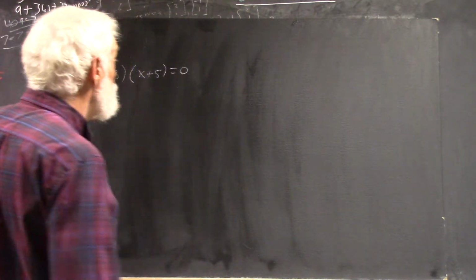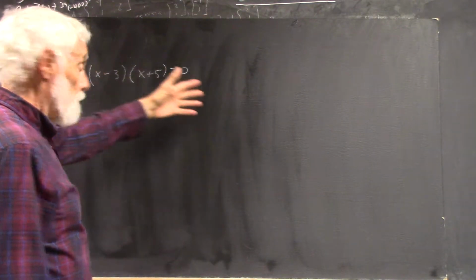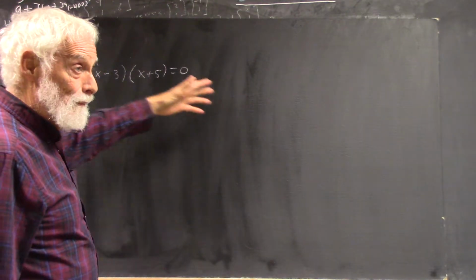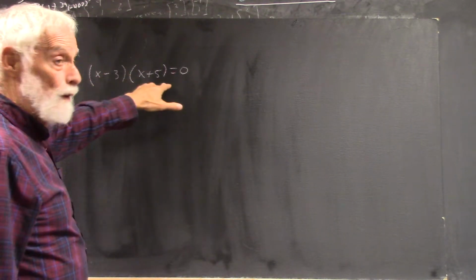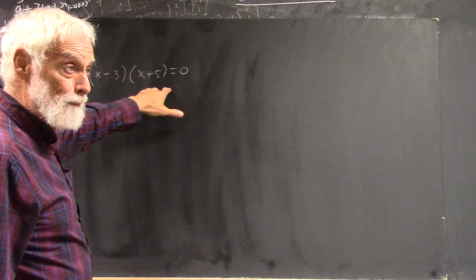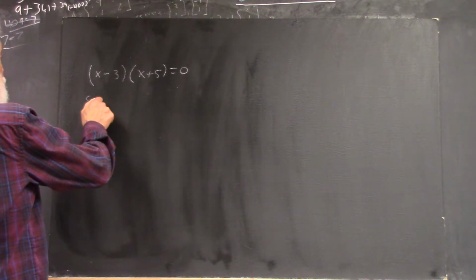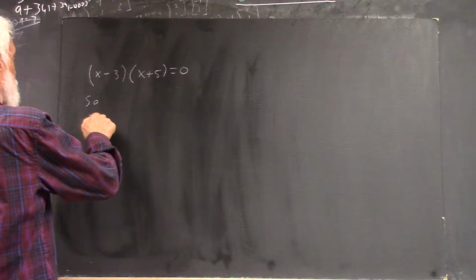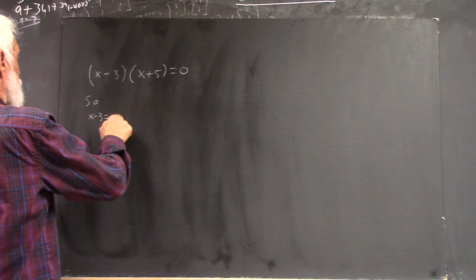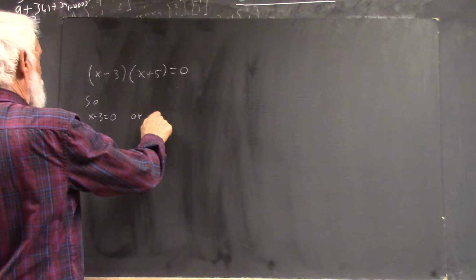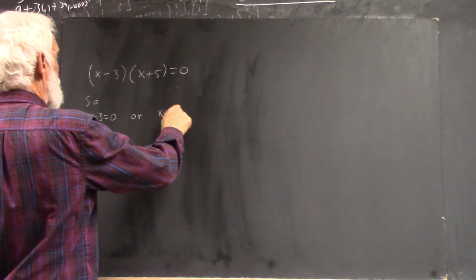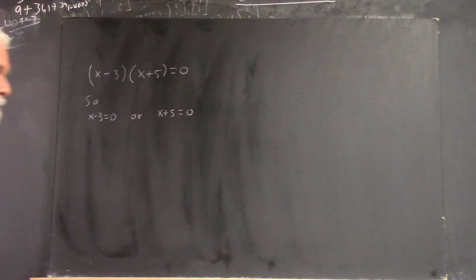Well, what you know is there are two numbers, they're going to multiply out to 0, right? Either this one or this one has to be 0. Okay? So your reasoning is right.